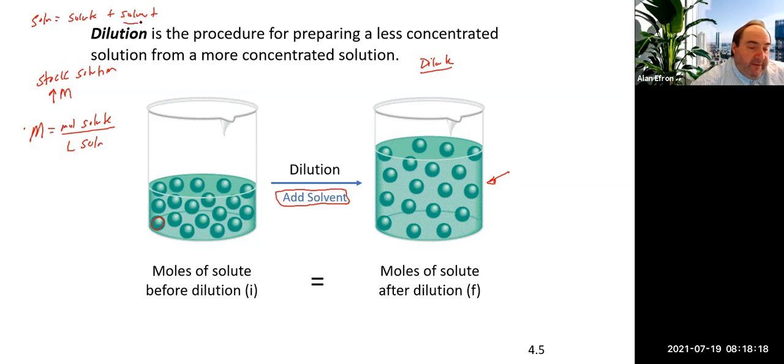So we're adding more of this part of our molarity expression, increasing the bottom number. Mathematically, when we take a small number divided by a larger number, the molarity goes down, right? You get a smaller number. So adding more solvent when we're doing a dilution causes the concentration to go down and become less concentrated.